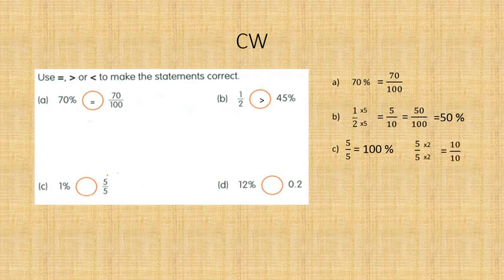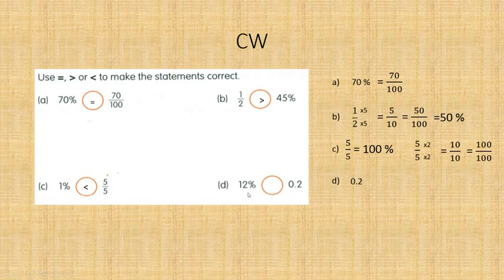And if you add 0 up and down, it's going to be 100 over 100. And as I told you before, when the denominator is 100, you can change it easily into a percentage. So the numerator is 100, so it's 100%. So this 5 over 5 is 100%, and this is 1%. Which is greater, 100% or 1%? Of course, it's 100%.